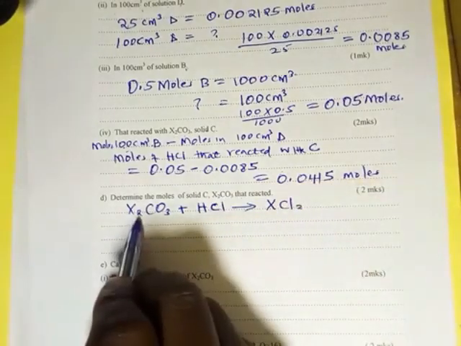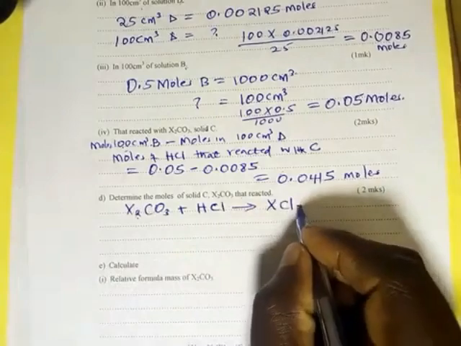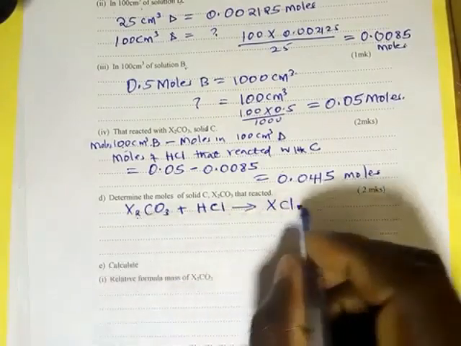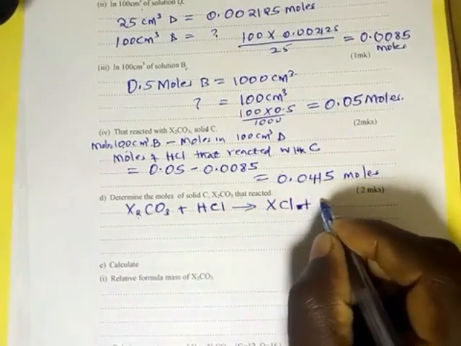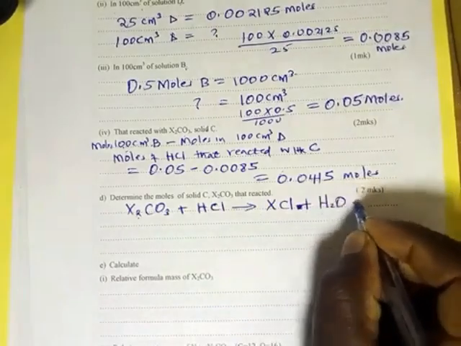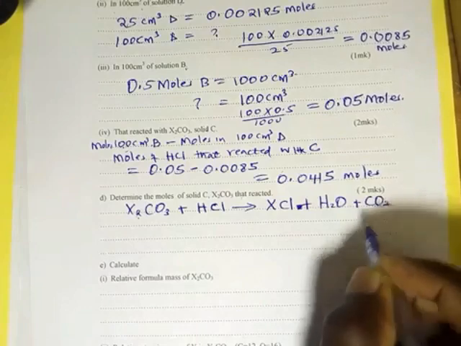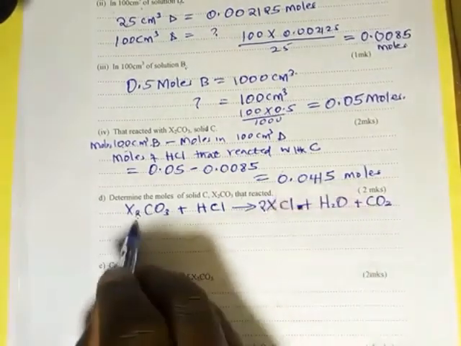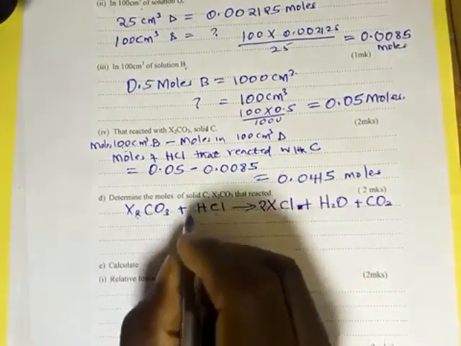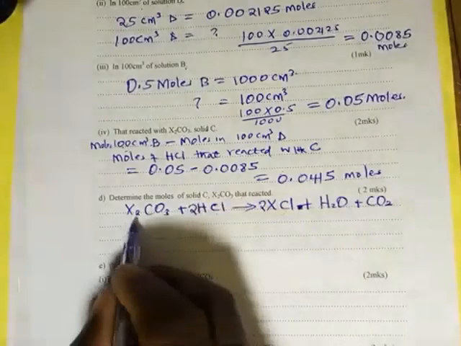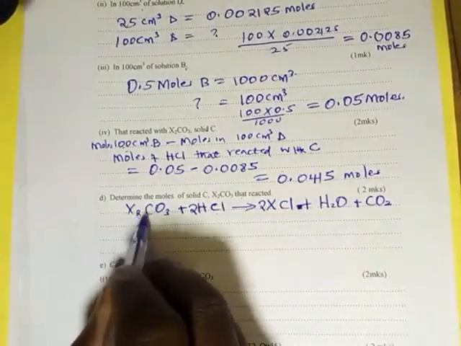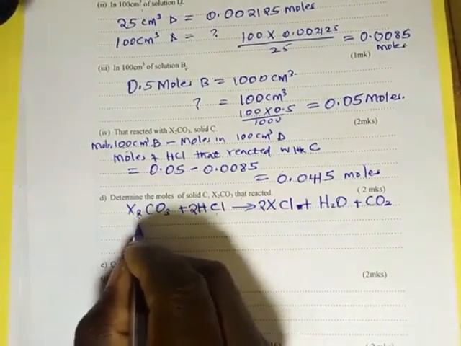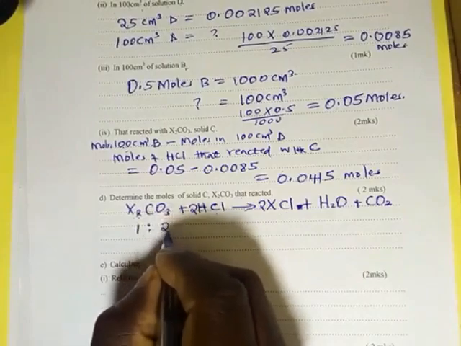The X has a valency of 1, therefore you cannot put anything here. So plus water plus CO2. But this X is twice here, so we put 2 here. And then the chloride here is twice, then we put 2 here. So it means that the ratio between the carbonate and HCl is 1 to 2.